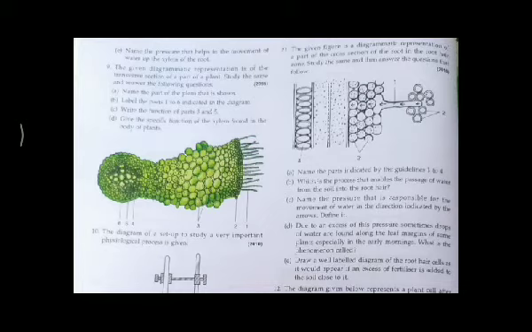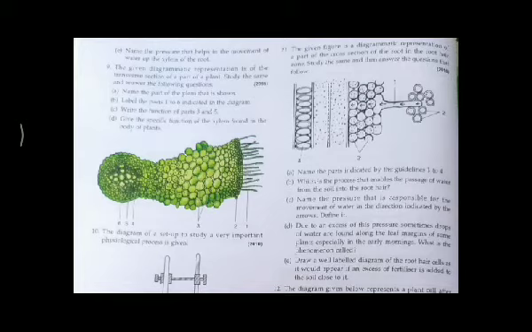Segment B of this question is asking which is the process that enables the passage of water from the soil into the root hair. So the one word answer will be osmosis. And segment C is asking, name the pressure that is responsible for the movement of water in the direction indicated by the arrow.